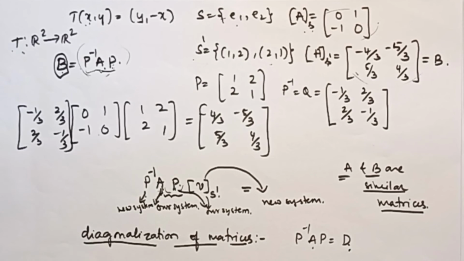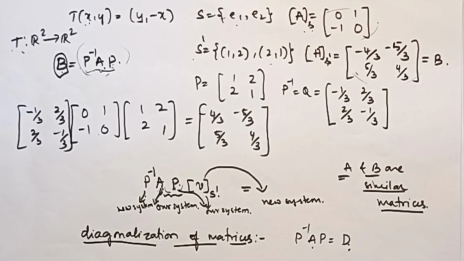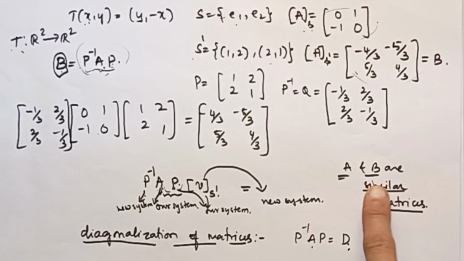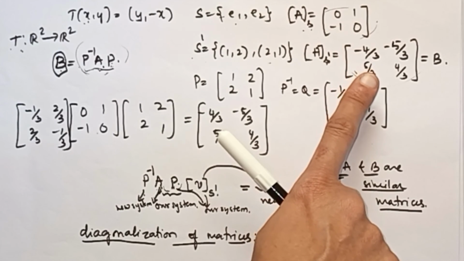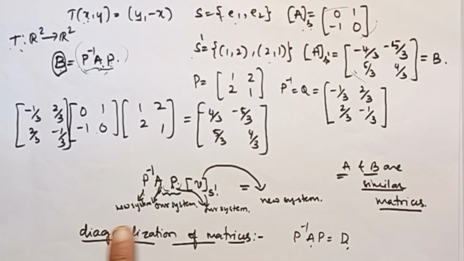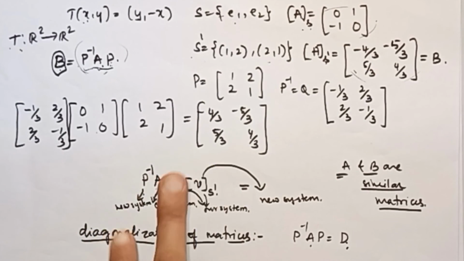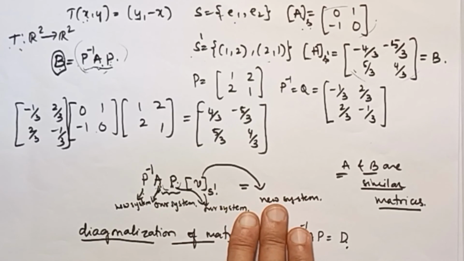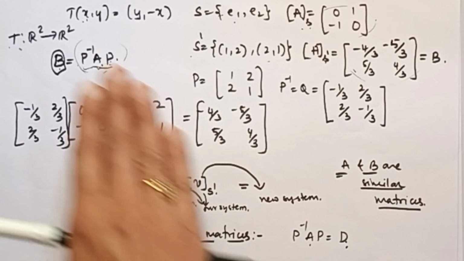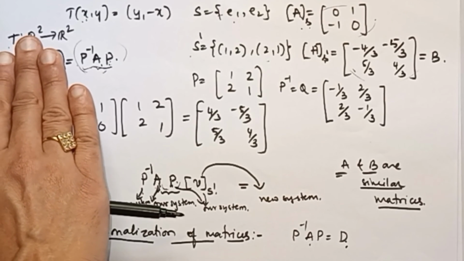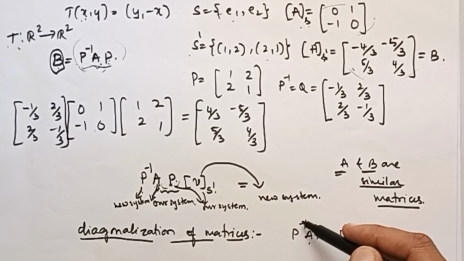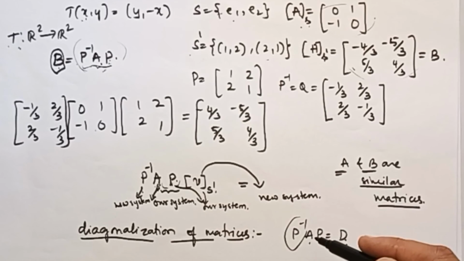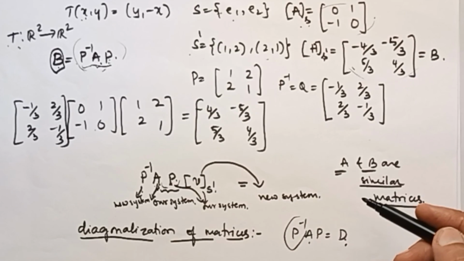So this is the intuition behind diagonalization of matrices as well as similar matrices. Similar matrices represent the same transformation with respect to different bases, and diagonalizable matrices are those for which there exists a basis of the given operator with respect to which the matrix of the transformation is diagonal. So that's where the concept of change of basis has its significance.